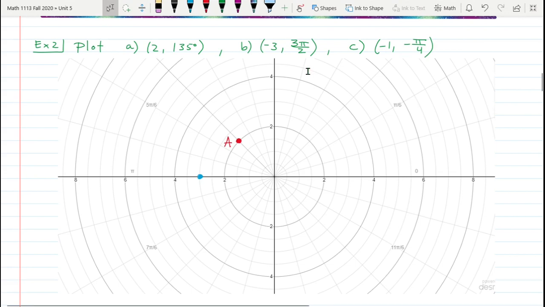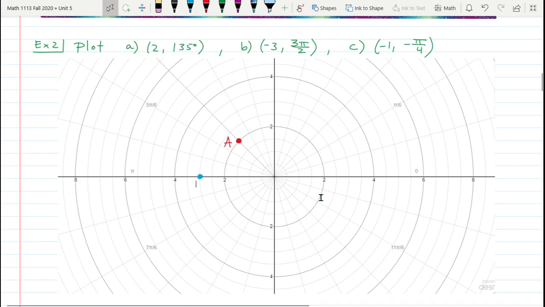Notice how I am showing you two different systems to plot a point. Here I looked at the angle and then adjusted to the radius. Here I am choosing the radius first and then going to the angle.